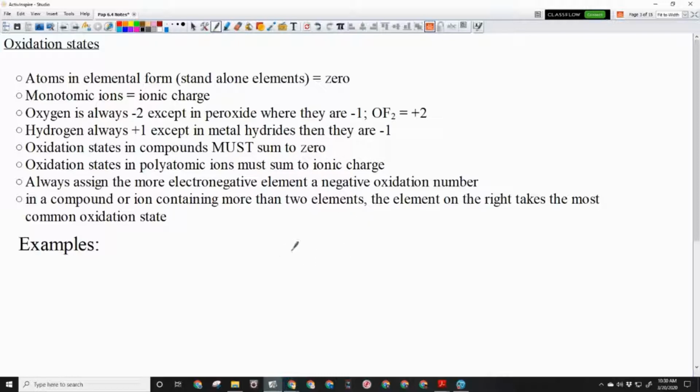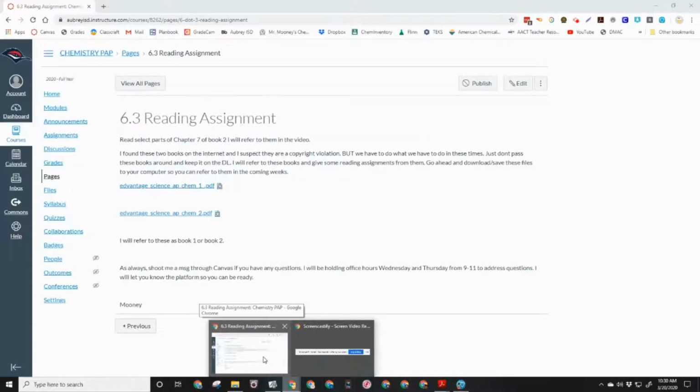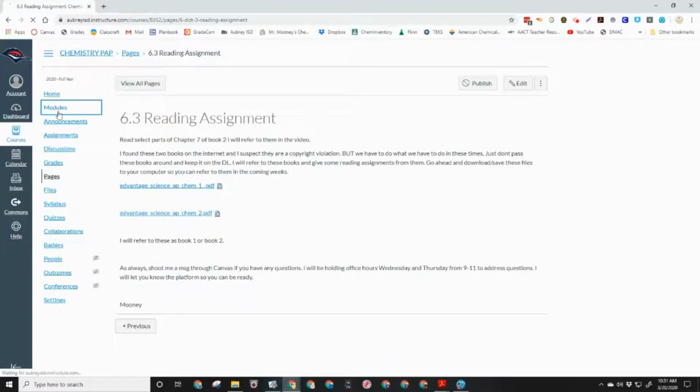So let's look at a polyatomic ion, SO3. Okay, so remember the polyatomic ion SO3. Let's look at the polyatomic ion list again. Now, if you don't have this at home, I am going to put this in Canvas so that you can get this.